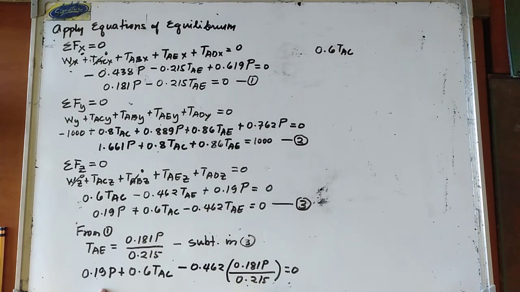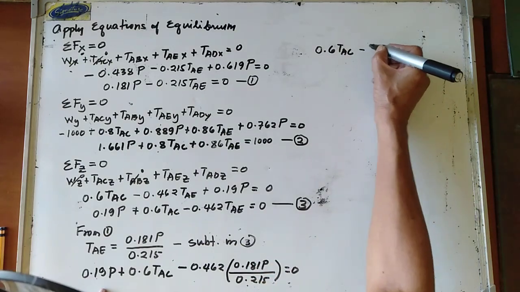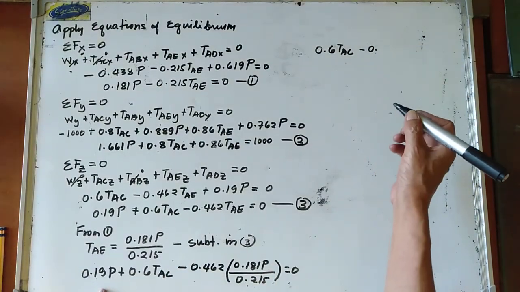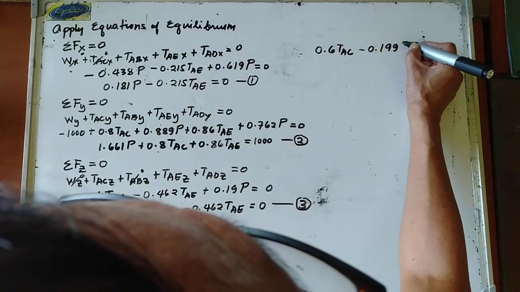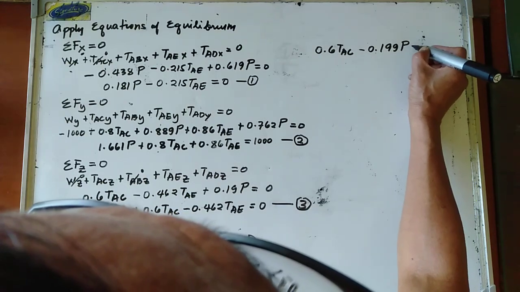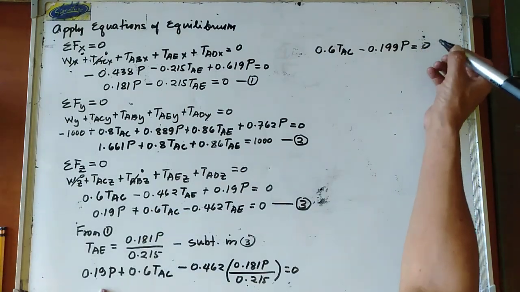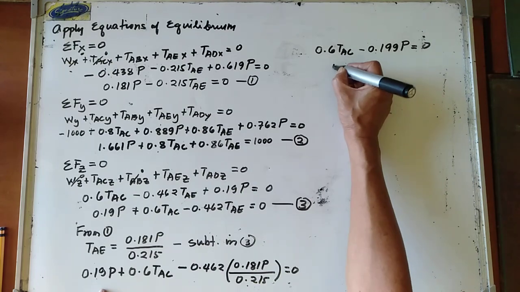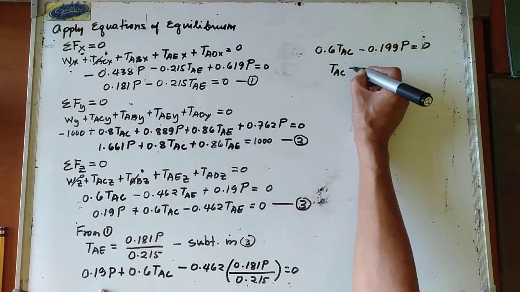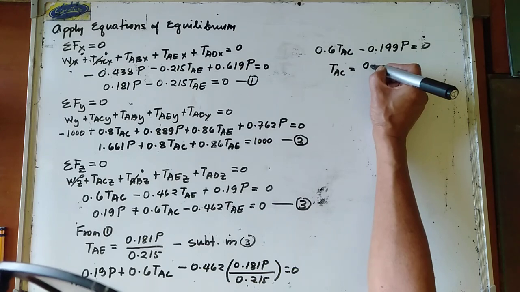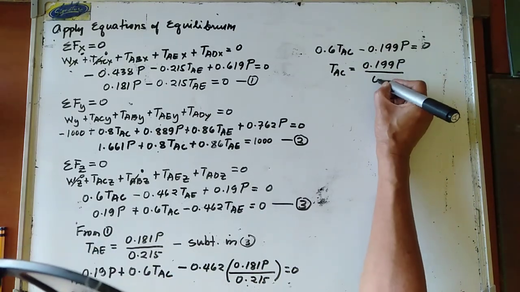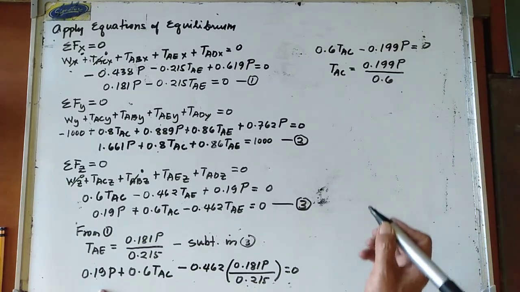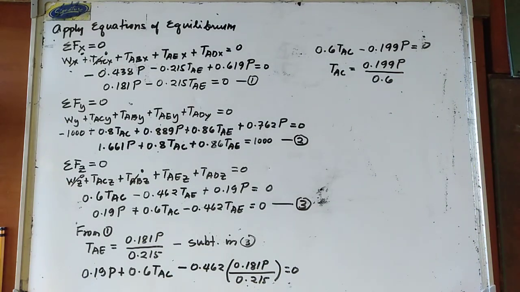So that is minus 0.199P, and that is equal to 0. So that your TAC is equal to 0.199P all over 0.6.